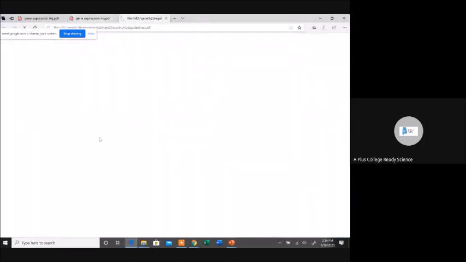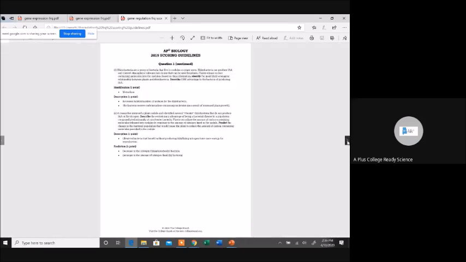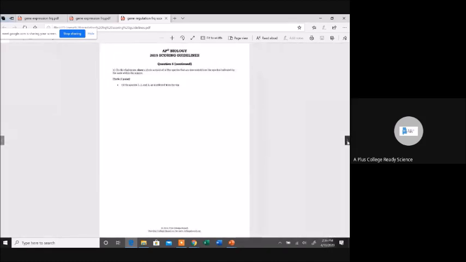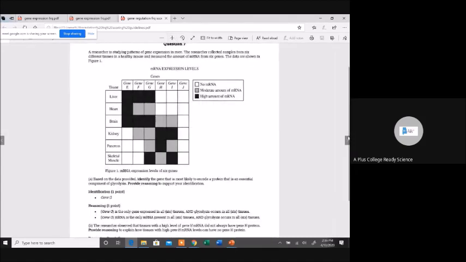So I'm going to pull up the rubric for the scoring guidelines for this question real quick, to give you an idea of what the graders actually use to grade the question. So here's our question. And again, this is the way you could earn points on this question.